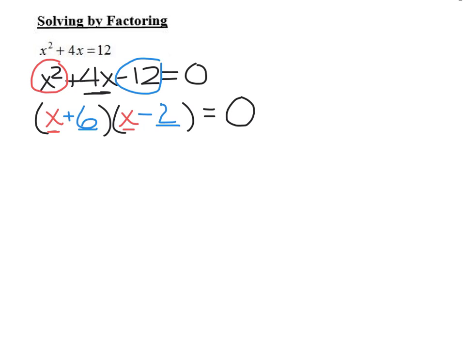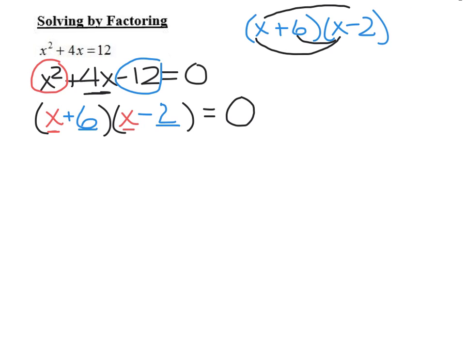If we think of doing that algebra in reverse, x plus 6 times x minus 2, the reason that that's the correct factorization is x times x gives us the x squared. 6 times x is 6x.